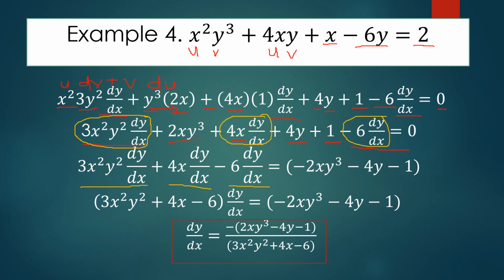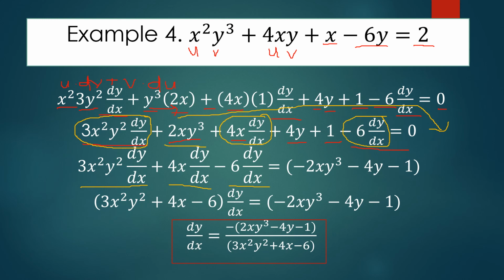okay, dito naman sa right side, eto yung mga walang dy over dx. Okay, so tignan natin yung mga naiwan na term. Okay, so we have here 2xy cubed. As you can see, nasa left side siya ng equal sign. Okay? So, kung ililipat natin siya sa right side, since positive, mag-change tayo ng sign.